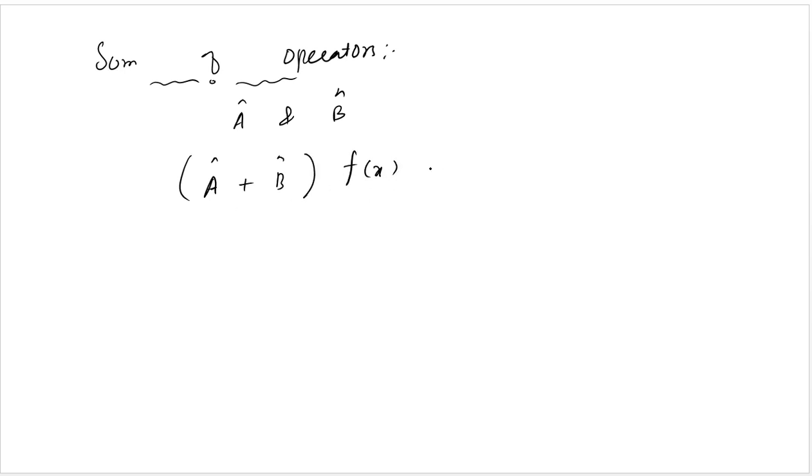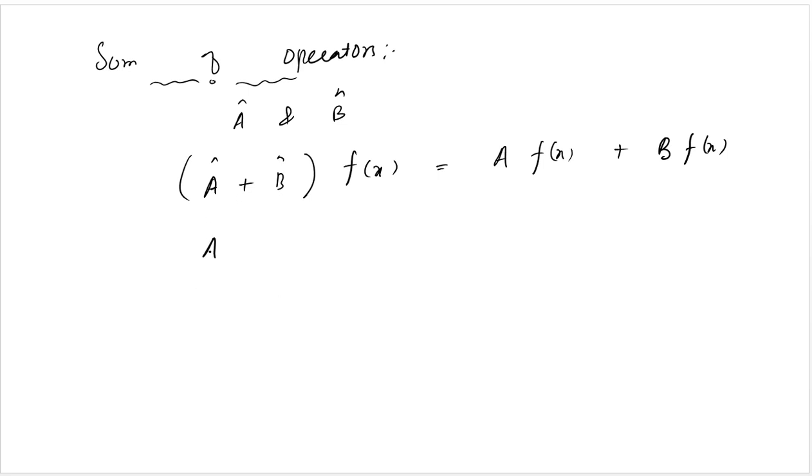Okay. Now it will follow this rule. So this thing will be equal to A f of x plus B f of x. So this is how we write the sum of operators.